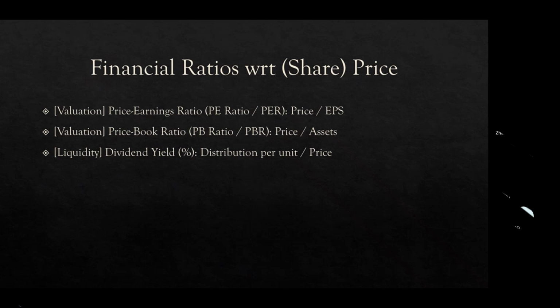Okay, I repeat, PE ratio or PER refers to a multiple that tells you whether the share price is expensive or not. And the typical range to evaluate whether the share price is expensive is like 15x to 20x and above. Okay, so above 15x or 20x, it's considered expensive.